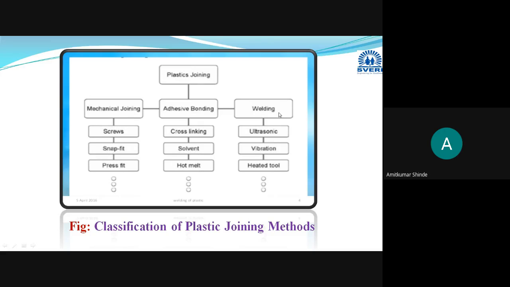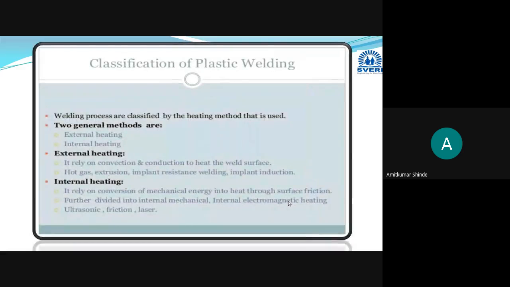Now, depending on the mediums used or tools used, it has different types. And this welding of plastics we are going to study in brief in this chapter. So this is the basic classification of the plastic joining methods.